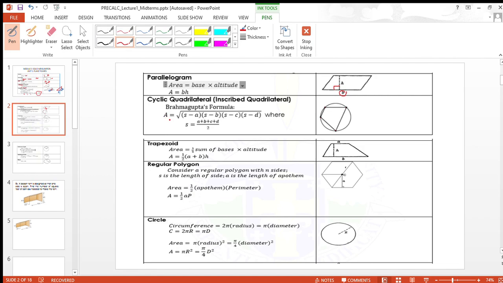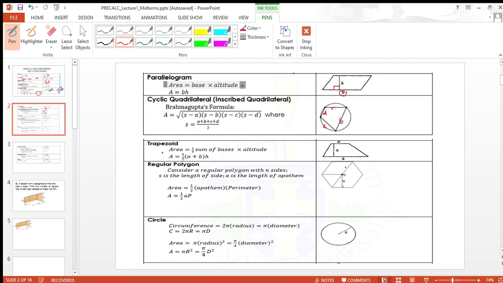The area is equal to the square root of (S minus A)(S minus B)(S minus C)(S minus D), where A, B, C, D are the sides of the quadrilateral. So we can label it as A, B, C, and D. S is (A + B + C + D) over 2. So somewhat similar to Heron's formula.